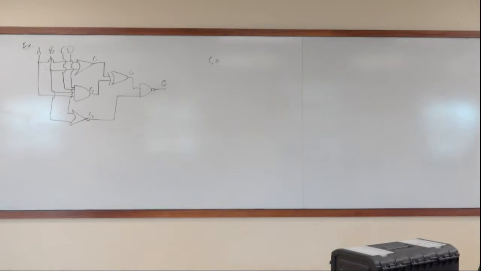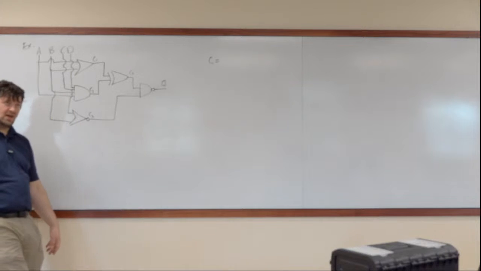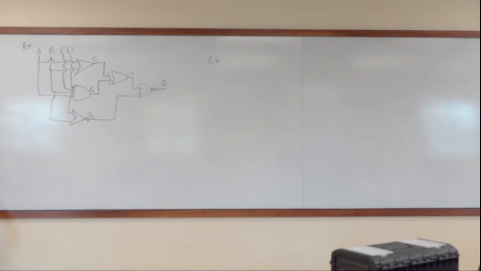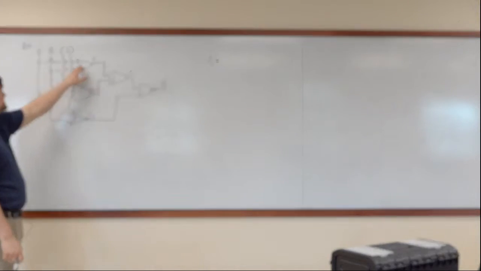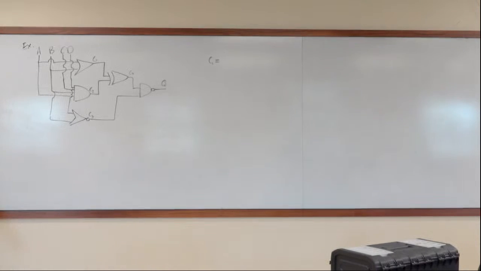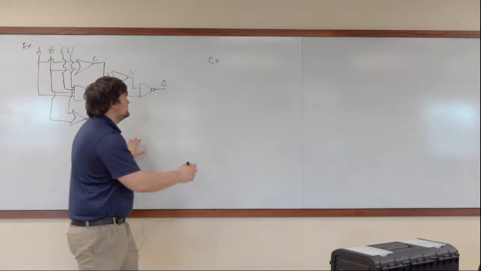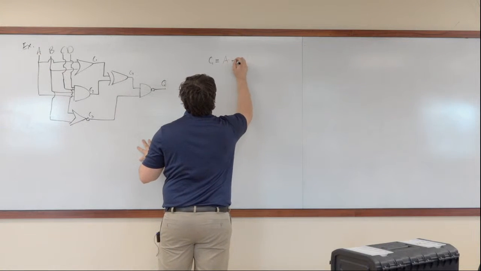What kind of gate is C1 attached to? It is an OR gate. How do we represent an OR gate in Boolean algebra? Plus. And what are the two inputs to this OR gate? A and B. So here, C1 is equal to A plus B.